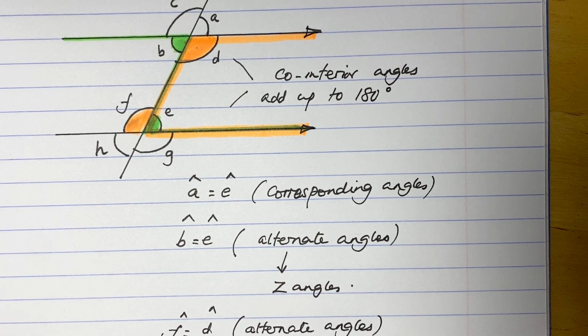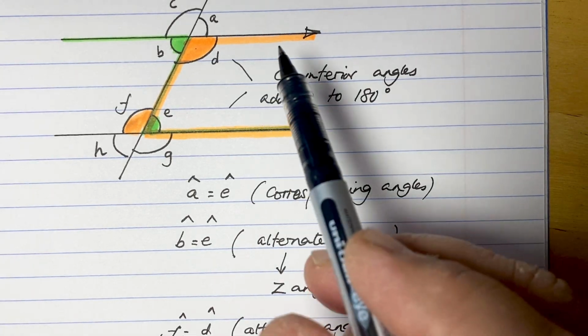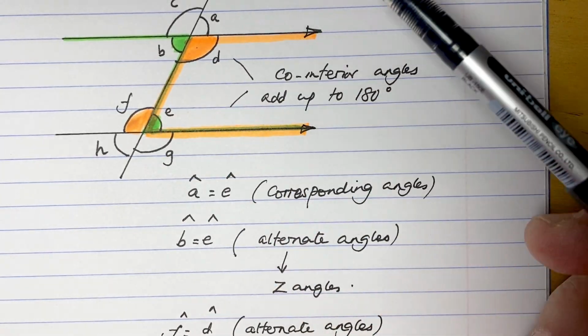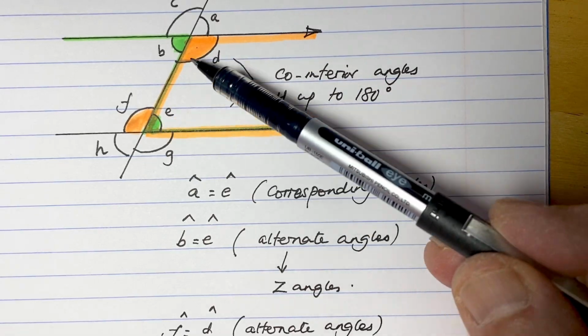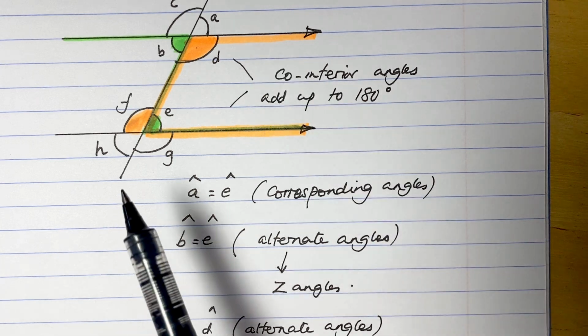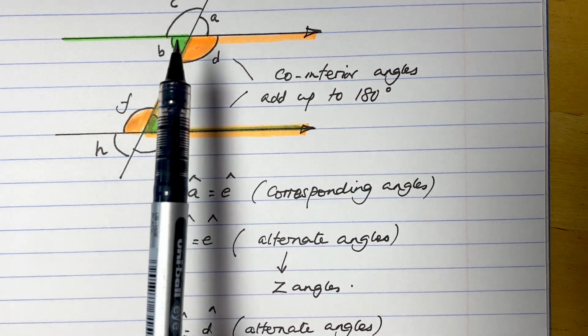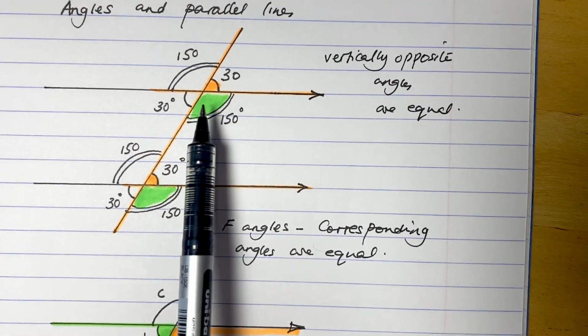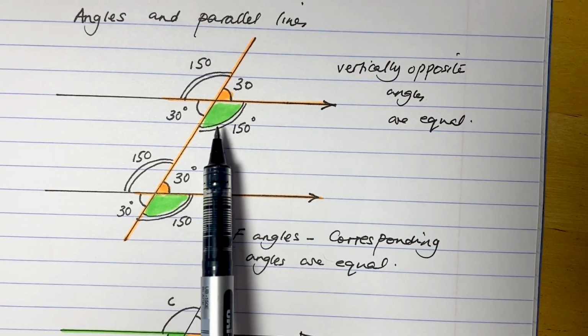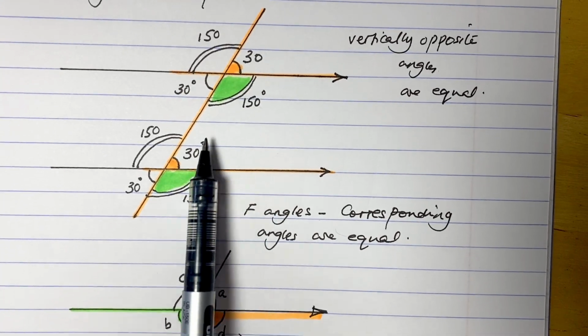So we've got three types of angle within a set of parallel lines. They are either co-interior angles, which add up to 180 degrees. If they're the same type of angles, like the orange angles or the green angles, they are the same.